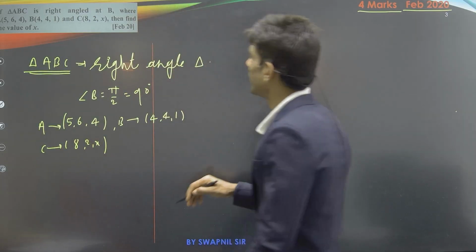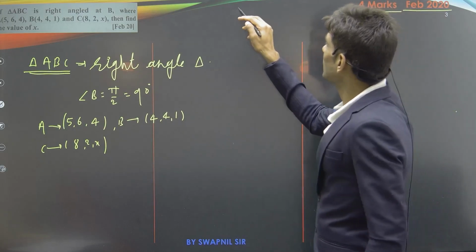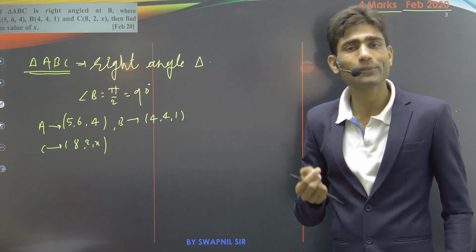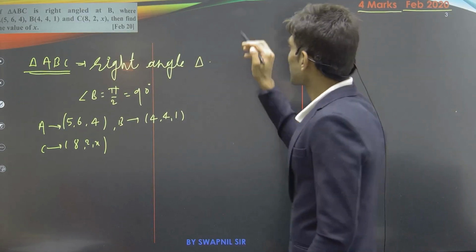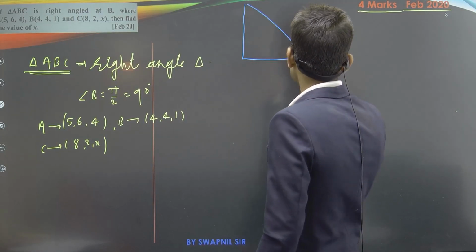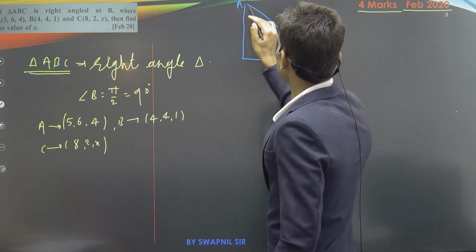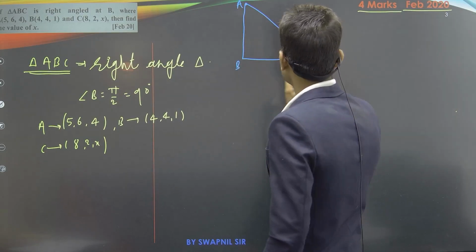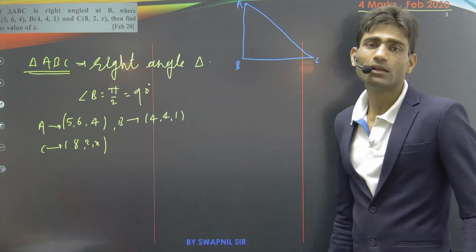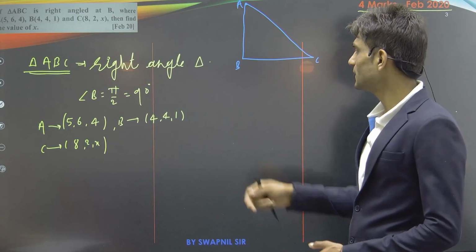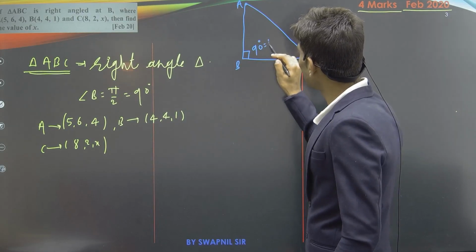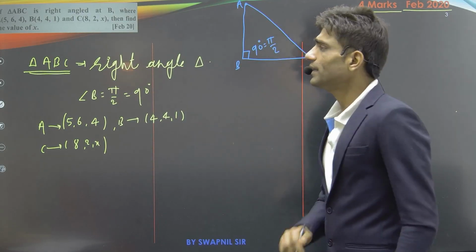Point A comes to B, which is perpendicular to B. So I drew one triangle here, with vertices A, B and C, in such a way that angle B is 90 degrees, or pi by 2.